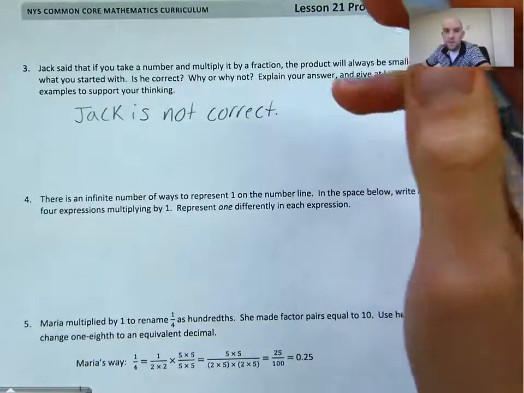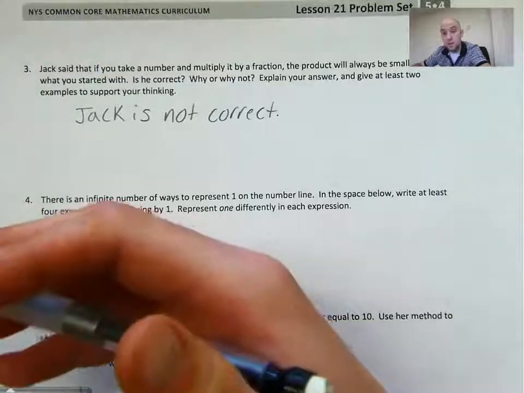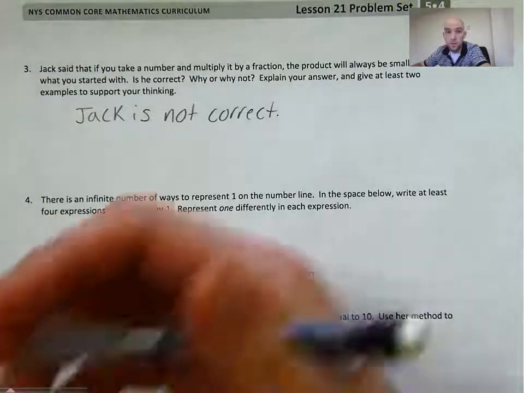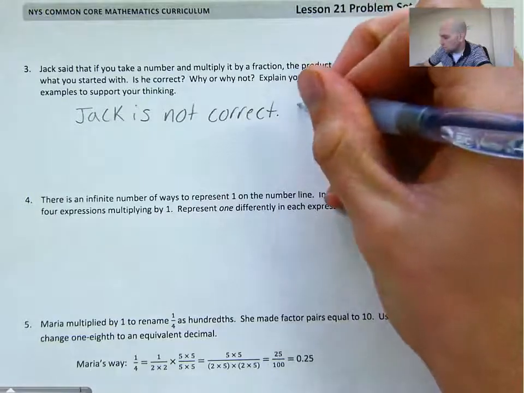Because if you multiply by a number smaller than 1, or less than 1, then you'll end up with a number smaller than what you started with. But if you multiply by a fraction that's 1 or greater, then you'll end up with a number greater than you started with.